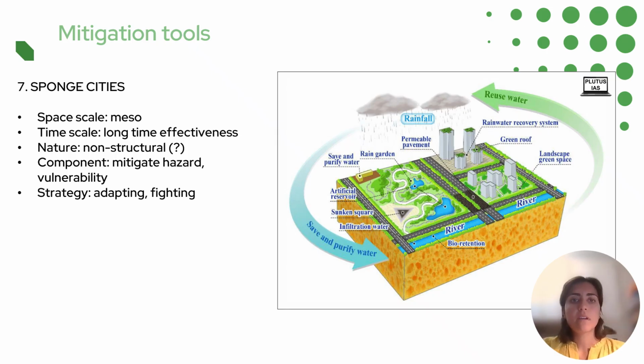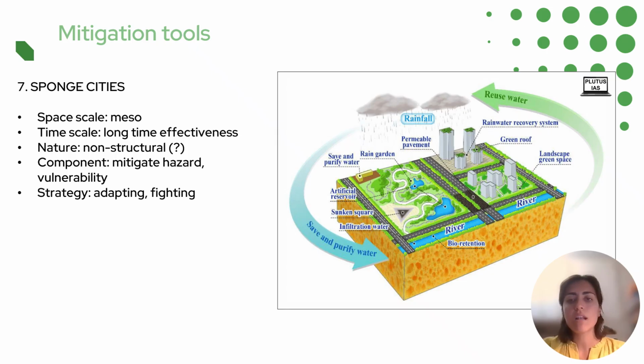A very innovative concept developed in China is that of sponge cities. The idea is that urban areas should be designed to absorb, store, and reuse rainwater, just like a sponge. Solutions include green roofs, permeable pavements, rain gardens, and infiltration basins. These reduce runoff, lower flood risk, and at the same time improve the quality of urban life and support water reuse.